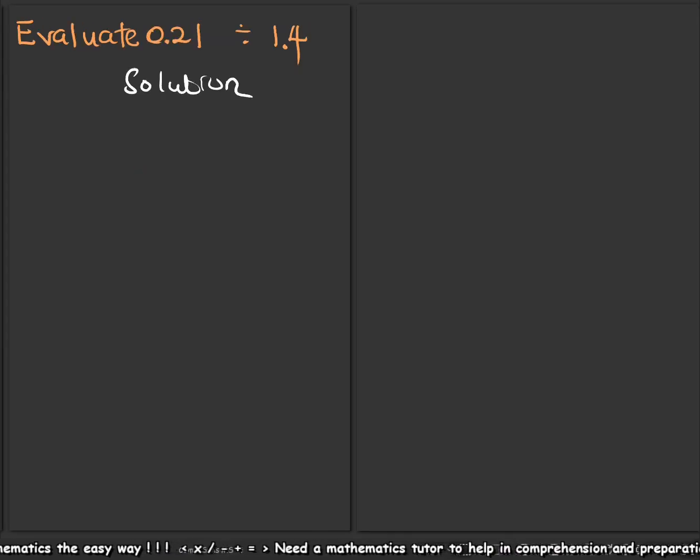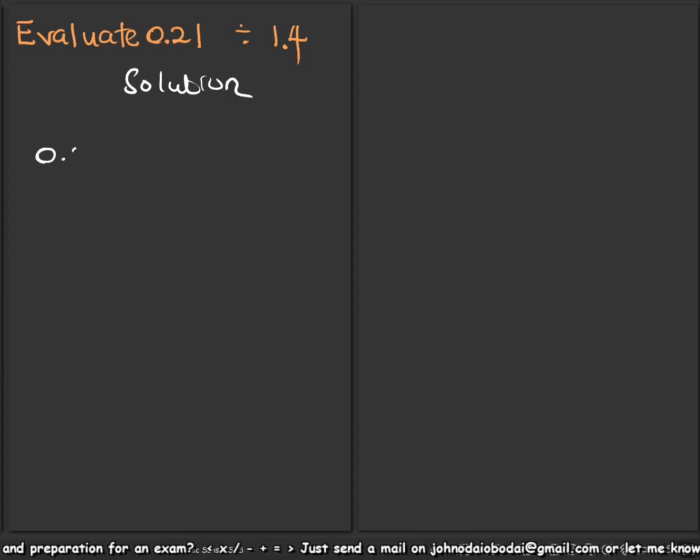We said since they are both decimals, we would have to make one a whole number. So we write 0.21, and specifically the divisor will be made a whole number.